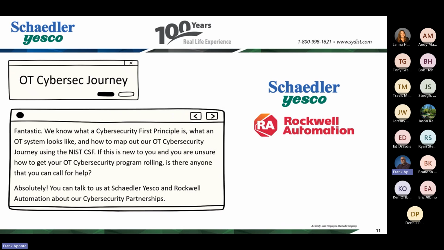Along with our Rockwell Automation contacts and their partners shown here, companies like Cisco, Dragos Clarity, Dell, Osm, CrowdStrike, Fortinet, Verve, they all have a part to play in this ecosystem. And with our access to them either directly or through Rockwell, there's a lot of things we can do to help you be prepared or more prepared.